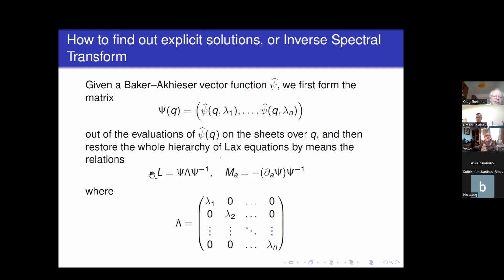By means of this Krichever formula we can obtain explicit formulas for L and MA in terms of theta functions.